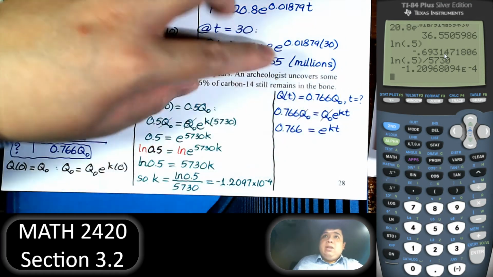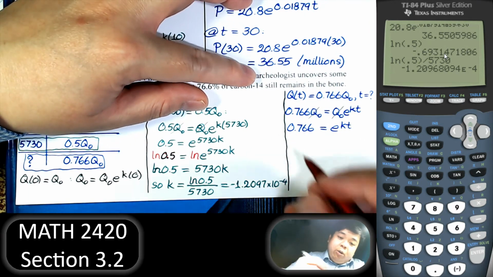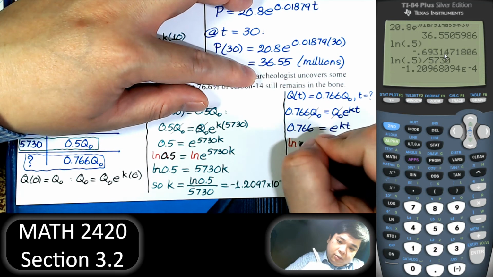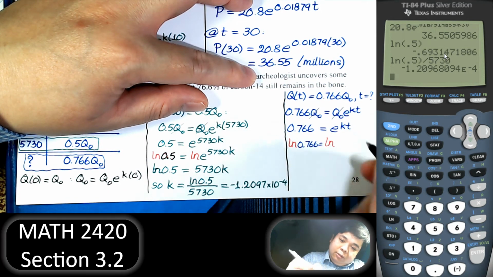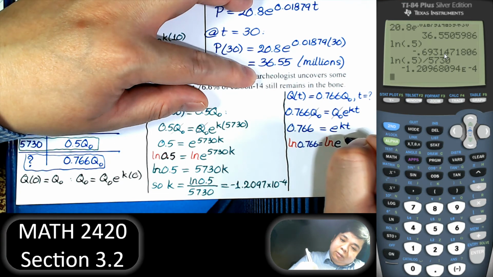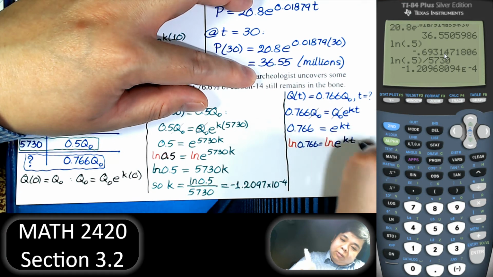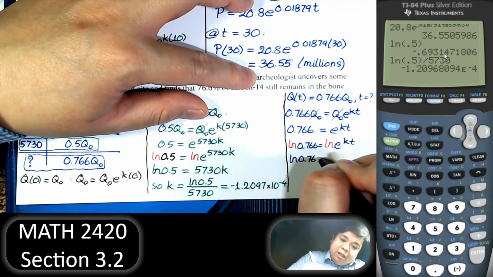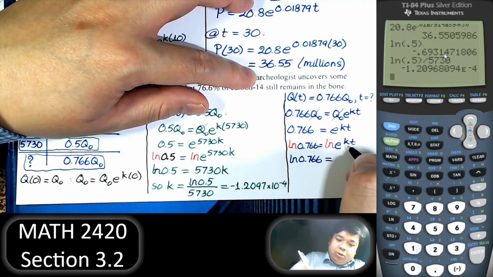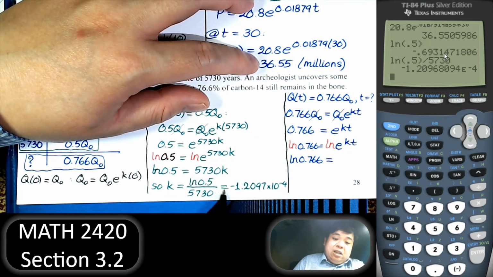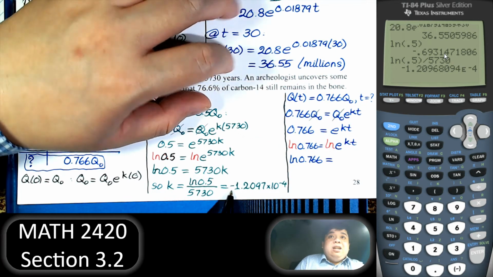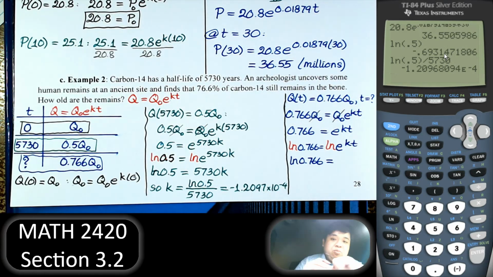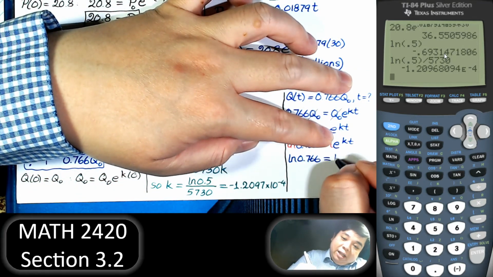To get rid of the e, we take ln on both sides. ln and e cancel out. We have ln of 0.766 equal to kt. By the way, in this case the k is negative, so it makes sense that the amount decreases over time.